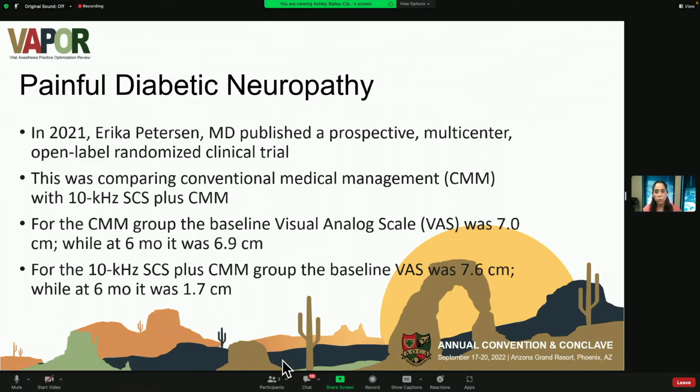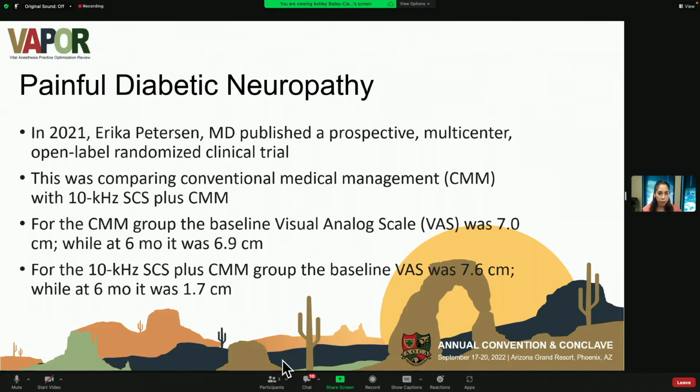The baseline visual analog scale for our control group, our conventional medical management, was 7. At 6 months, it hadn't improved much, 6.9. When we added in high-frequency stimulation, though, we saw a huge change. So at 3 months, that VAS went from 7.6 all the way down to 1.7. So adding stimulation, especially high-frequency stimulation, to that spinal cord for painful diabetic neuropathy shows a huge benefit.